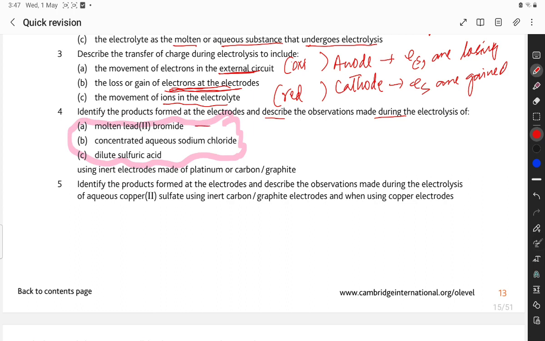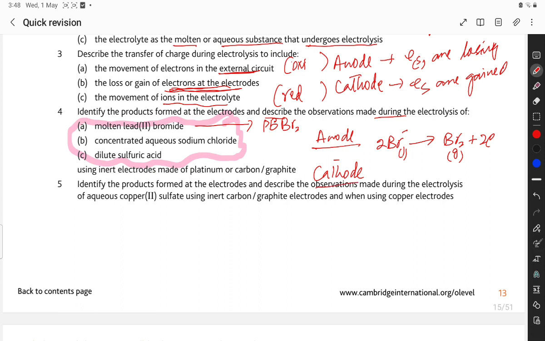Look at lead bromide, the formula is PbBr2, anode reaction is 2Br negative to form Br2 plus 2 electron. This is molten form. Bromine is a gas, sorry, he ignored the state symbol.